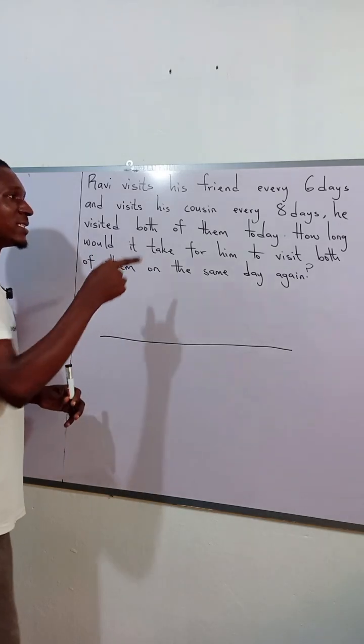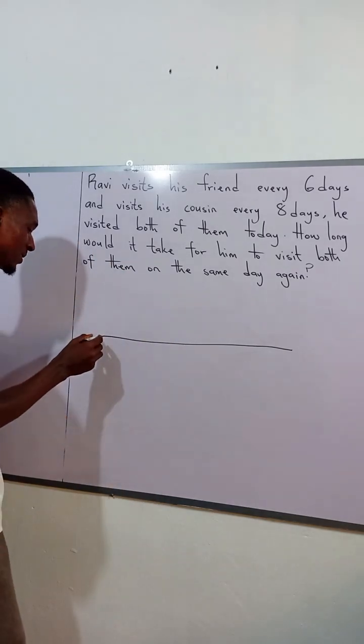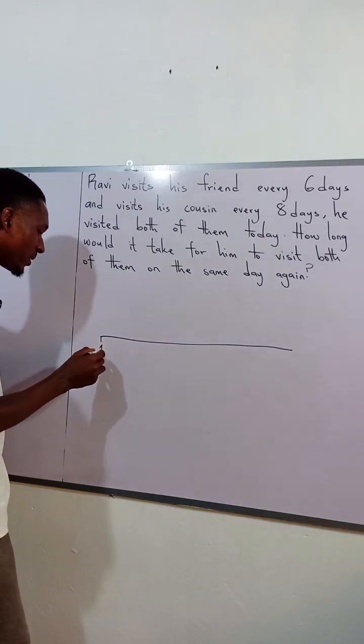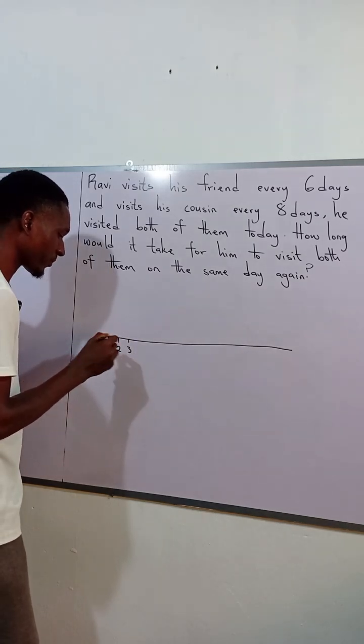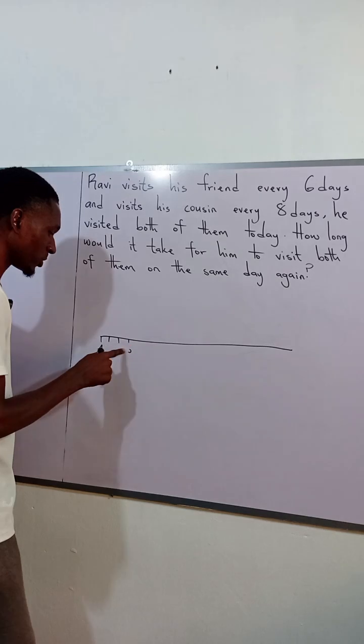Remember, we are looking for how many days. So let's say this place is day 1, this is day 2, this is day 3. I think it shouldn't be too much.